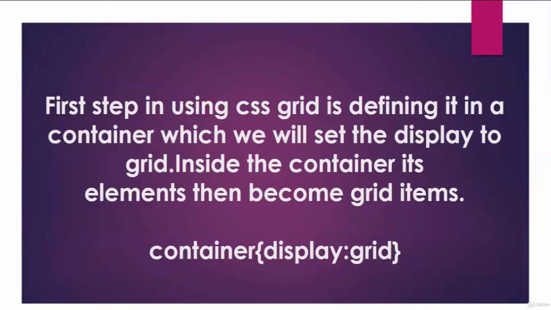Now, the first step in using CSS Grid is defining it in a container, which we will set the display to grid. Inside the container, its elements then become grid items.